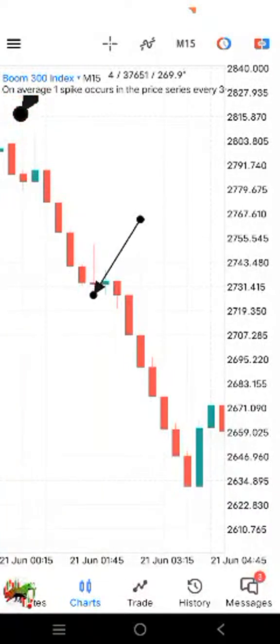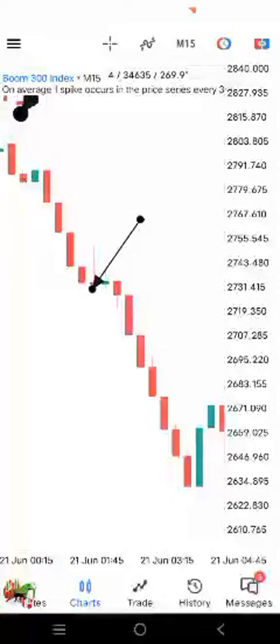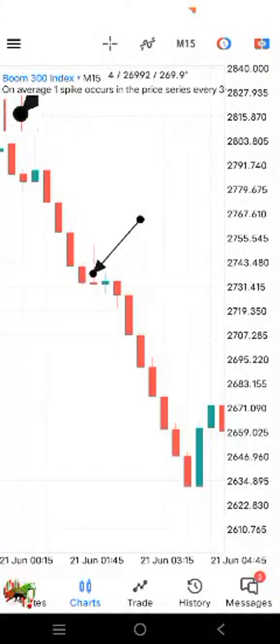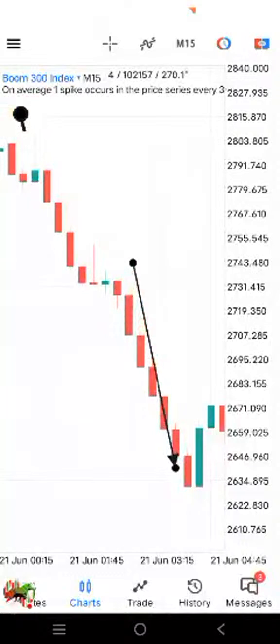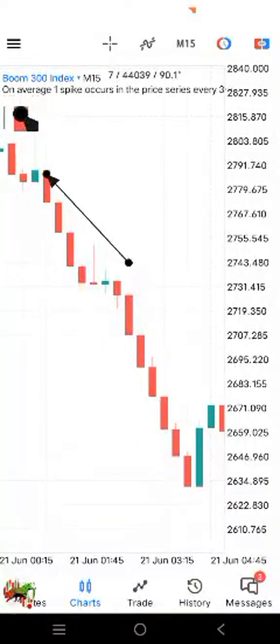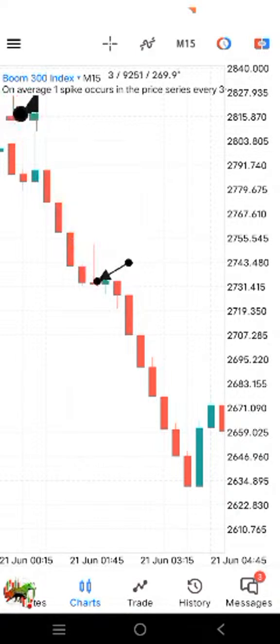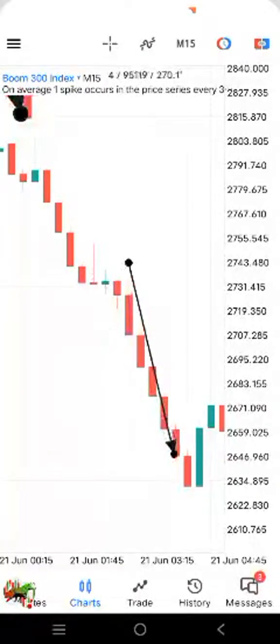There is no wick in front of the body, but the body is thicker and the wick is 5 times bigger than the body. So the hammer is valid. And check, this hammer gives us a signal of sell. We're not doing the trade. And this hammer gives us a confirmation the sell is ongoing. And we took the trade.